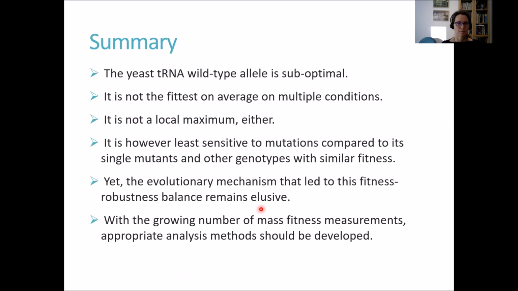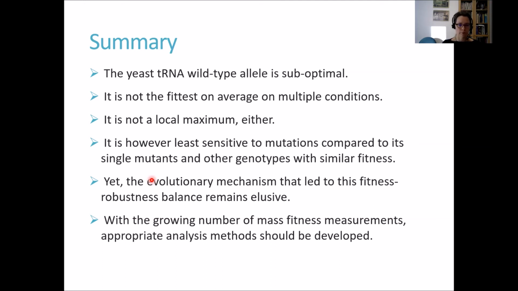And to summarize, what I've shown you here is that the yeast tRNA wild type allele, the tRNA CCU arginine, is suboptimal. It is not the fittest on average on the 4 conditions measured here. It is not a local maximum either. It is, however, the least sensitive to mutations compared to single mutants and other genotypes with a similar fitness.